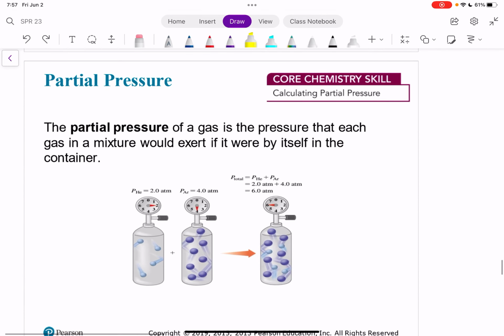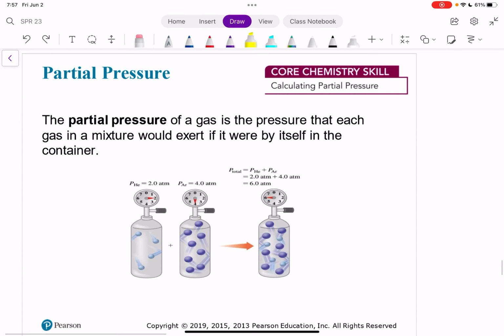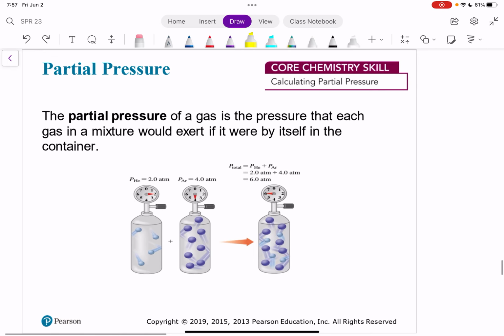The partial pressure of a gas is the pressure that each gas in a mixture would exert if it were by itself in the container. So each of these gases in a mixture is going to exert a specific amount of pressure on the container if it's alone. And in a mixture, it actually is going to exert the same amount of pressure. Okay, and that's called the partial pressure.